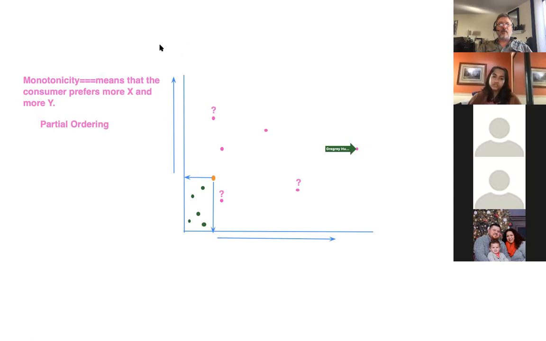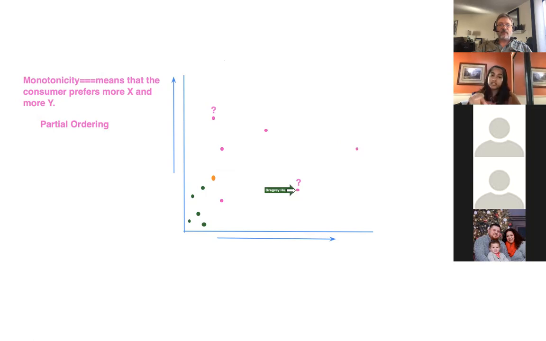Wouldn't you say that the second dot, the one next to it with the question mark, would be considered more X than Y? Which one do you mean? The other one.